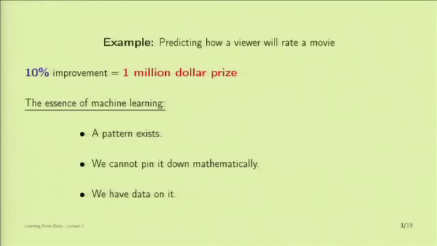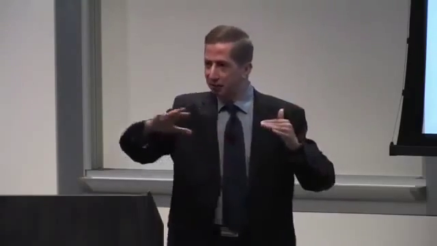The first one was that a pattern exists. If there is no pattern that exists, there is nothing to learn. Let's say that it's like a baby and serious stuff is happening and the baby is just staring. There's nothing to pick from that. There is a pattern when you can see the smile on the baby's face: now I can see what is going on. So whatever you are learning, there needs to be a pattern. Now, how to tell whether there is a pattern or not, that's a different question.